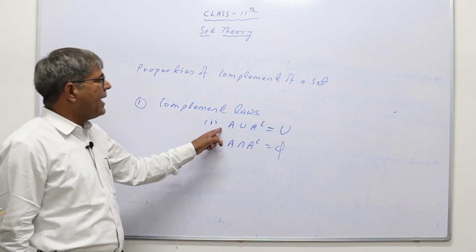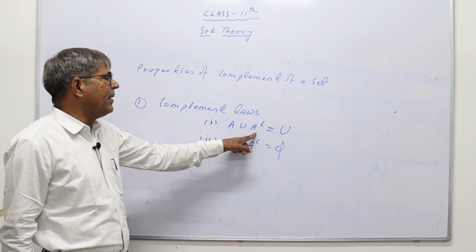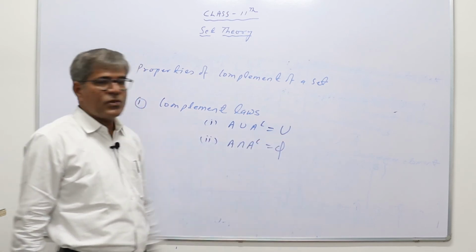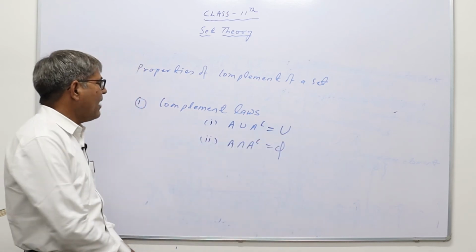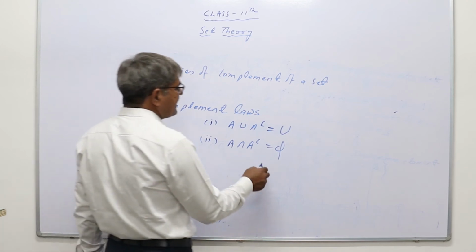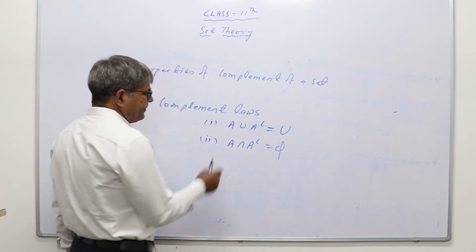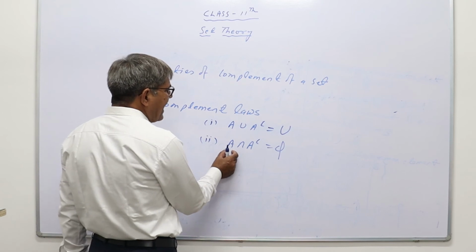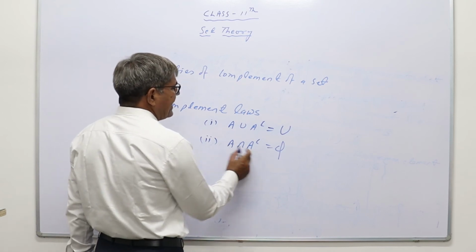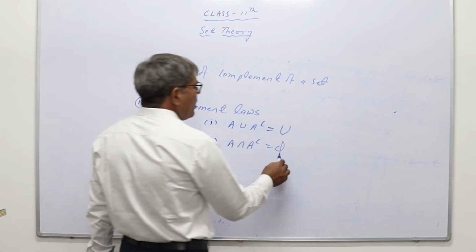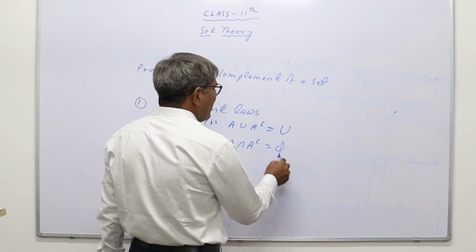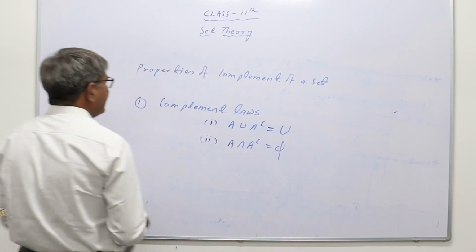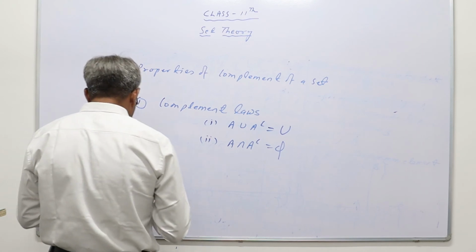So if A is union with its complement, then it will be equal to the universal set. Now if we have to find A intersection A complement, then in the given set A and its complement, nothing is common. So A intersection A complement will always be phi. This is known as complement laws.